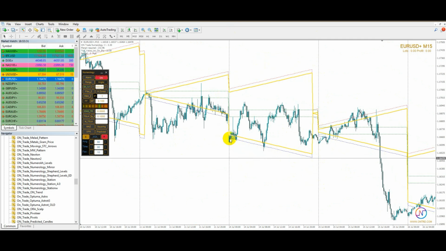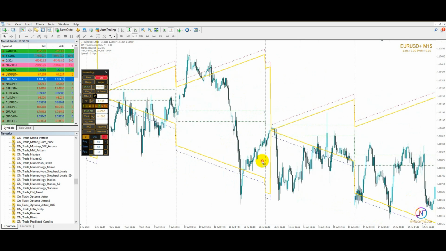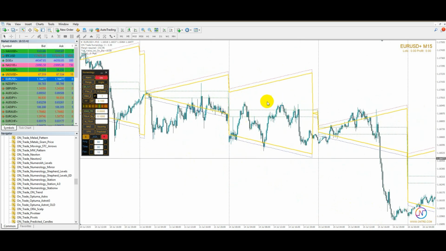This channel will reflect price on it or on its reflection or its extension, and this zone here is working like a critical supply and demand zone for every day. Let's see GBP USD.